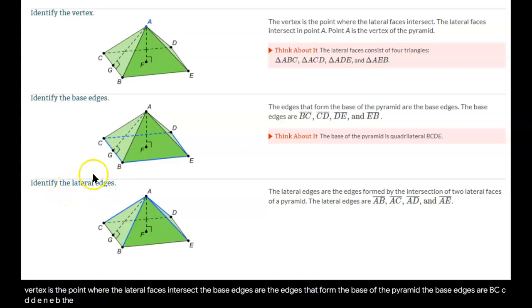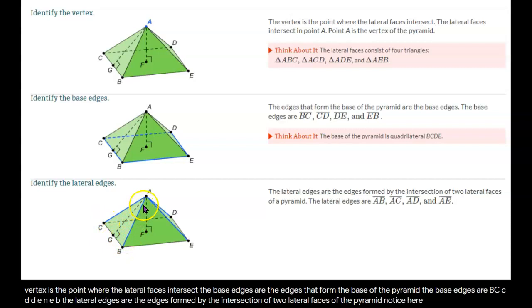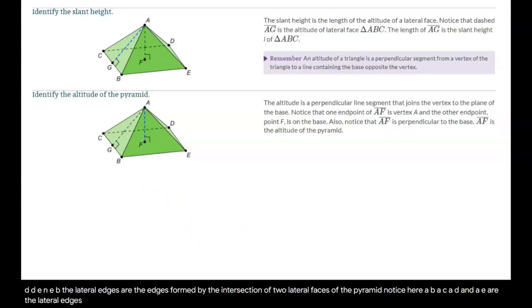The lateral edges are the edges formed by the intersection of two lateral faces of the pyramid. Notice here, AB, AC, AD, and AE are the lateral edges. The slant height is the height of the altitude of the lateral face, kind of like if I was climbing up this pyramid.